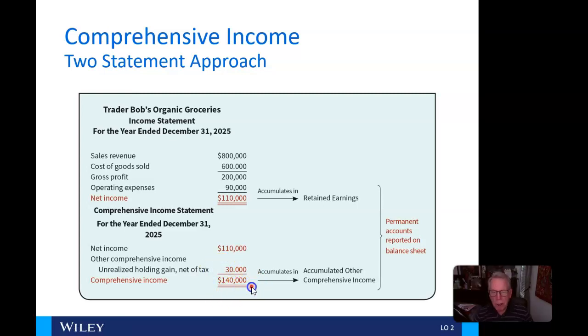And the same comprehensive income accumulates in the accumulated other comprehensive income, sometimes abbreviated AOCI.